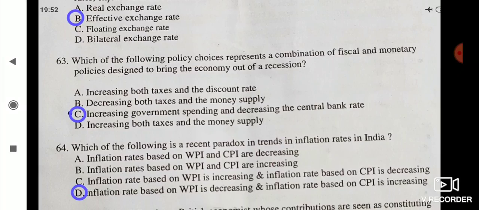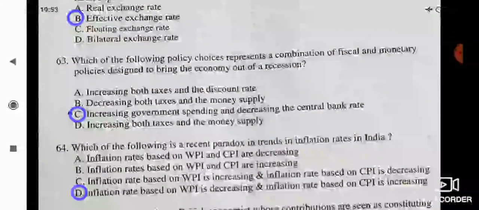The next, which of the following policy choices represents a combination of fiscal and monetary policies designed to bring the economy out of recession? Given options are increasing both taxes and a discount rate, decreasing both taxes and the money supply, increasing government spending and decreasing the central bank rate, increasing both taxes and money supply.